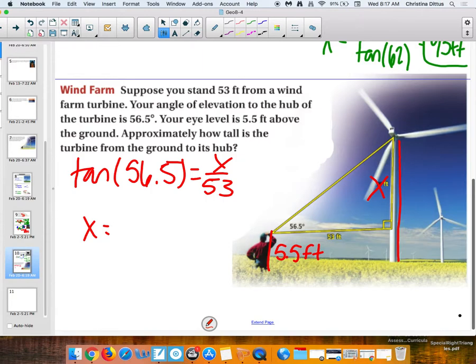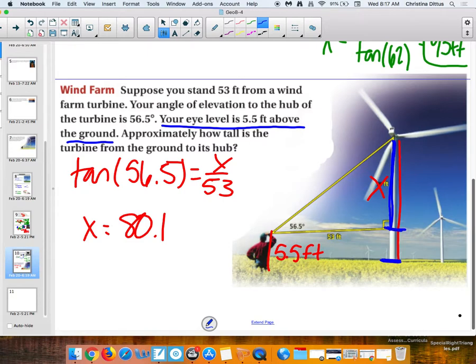What do we get? 80.1. Alright, but the problem here, folks, is that I just found this part. I need to find the whole wind turbine. Why do you think they gave us this little step? From here to here, that's how much?